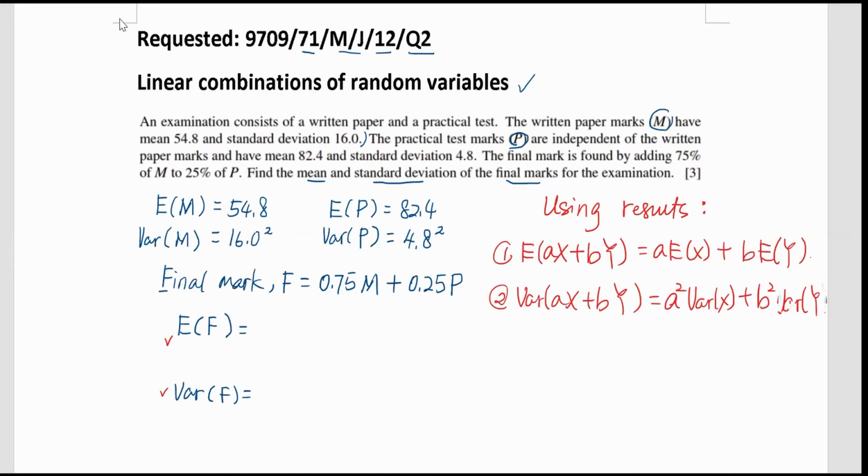Because the results are in terms of variance, that is the reason why I preferred to write down the info in terms of the variance instead of the standard deviations.